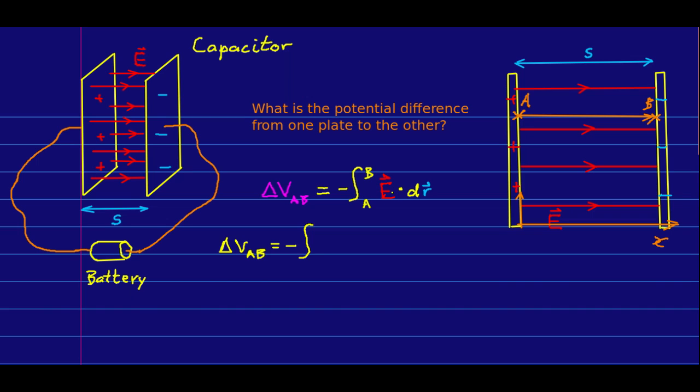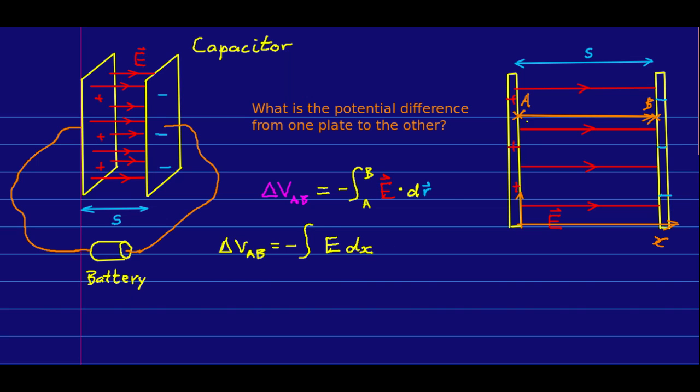And so now I know that the E field is parallel to the direction I'm going here, and so this is an E dr cos theta, but theta is 0, and so the cos theta is just 1, and I'm just going to have E and the size of dr, but I'm going along parallel to the x-axis, so I can just call that dx.